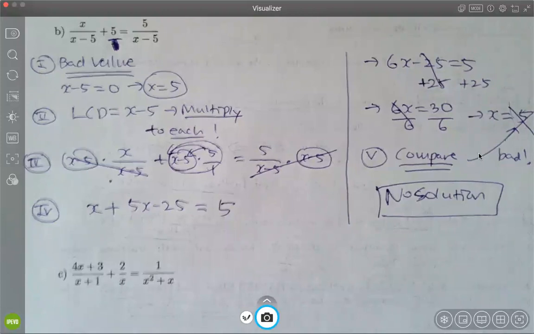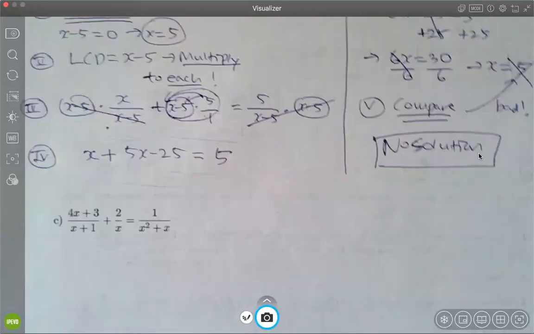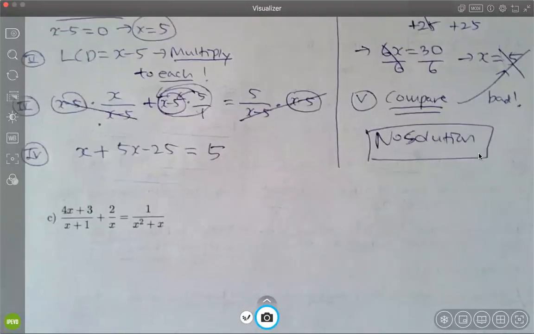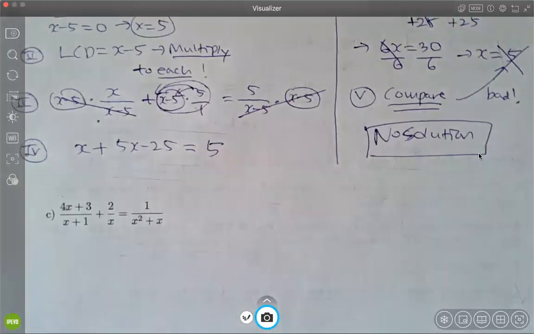Okay, so now the last problem of equation type number 1: 4x plus 3 over x plus 1, plus 2 over x, is 1 over x squared plus x.